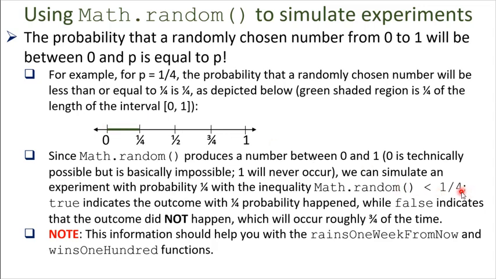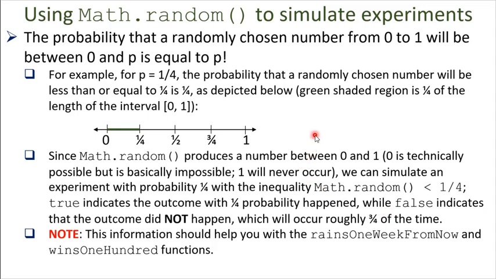And if you want the probability that it doesn't happen, it's the remaining 3/4. So by checking if Math.random is less than 1/4, you can basically say, did this outcome with probability 1/4 happen? If this is true, then it did. And if it's false, then it didn't.